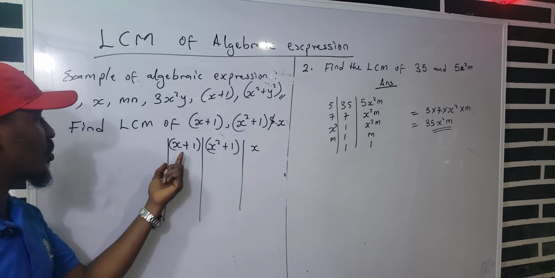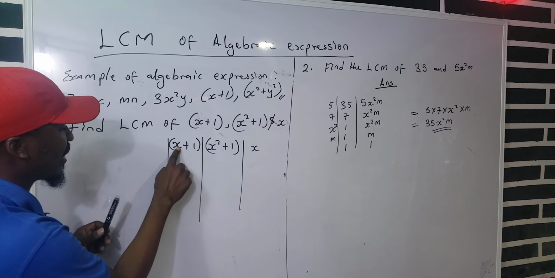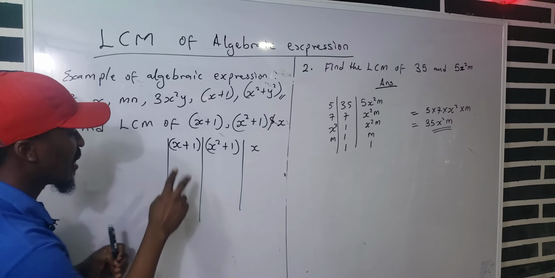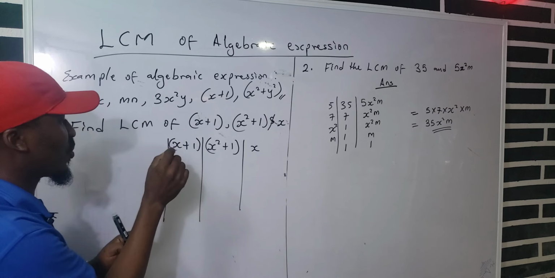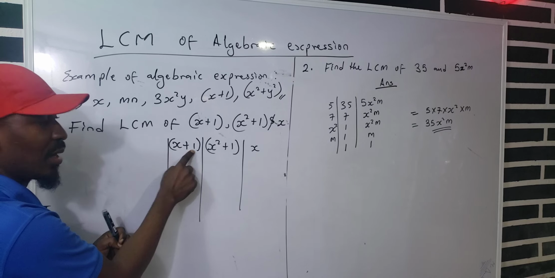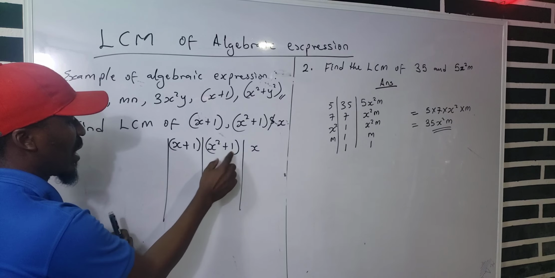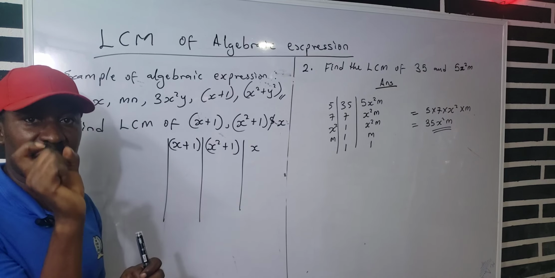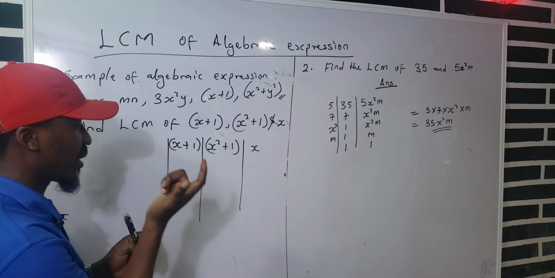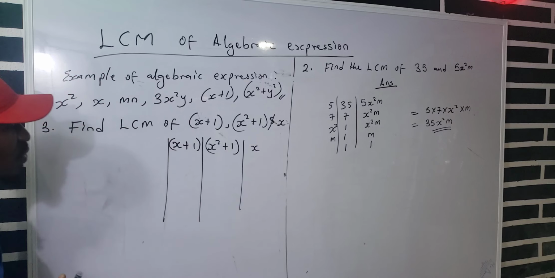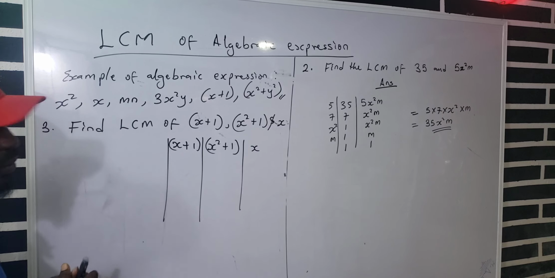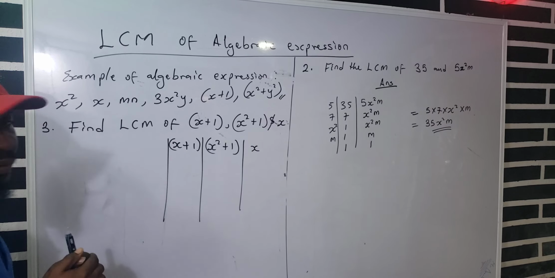So you cannot just come and divide this s here, no, because s plus 1 is a unit, like one number, so you cannot separate them. s squared plus 1 is as if it's a unit, one number, so you cannot separate them. So as you can see, there's nothing we can use to divide everything, so we have to divide individually.